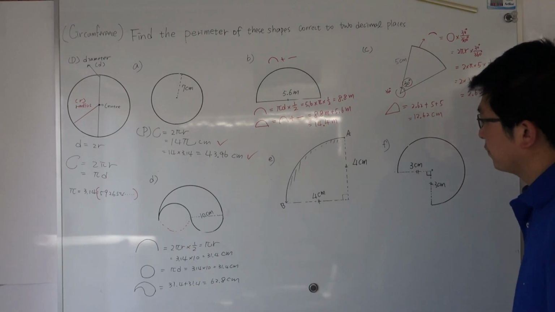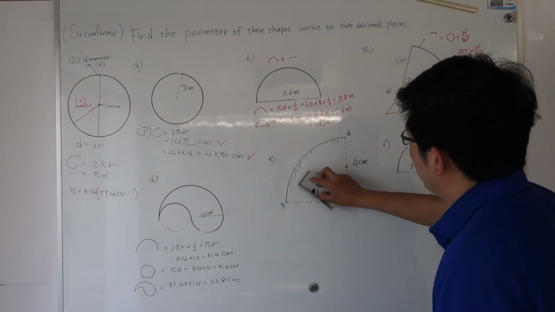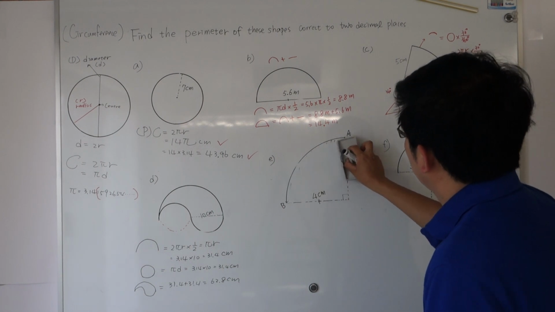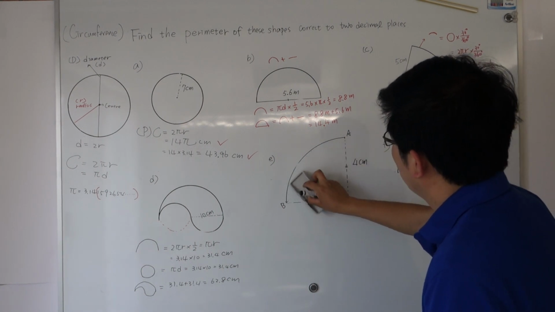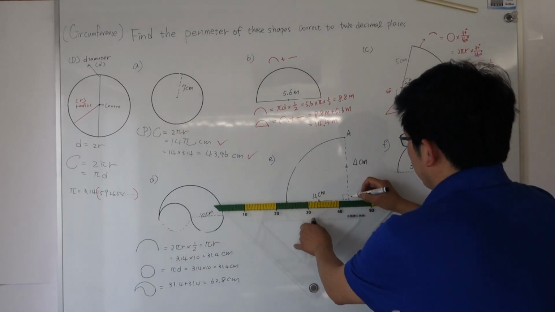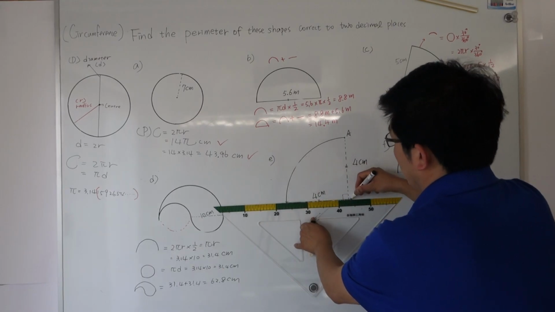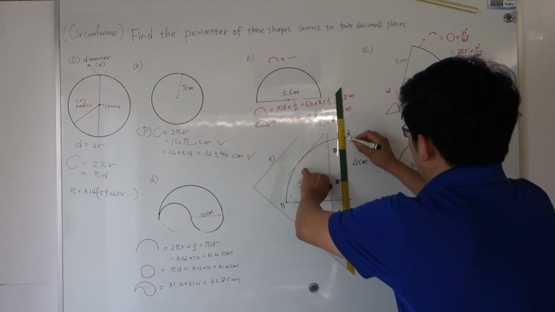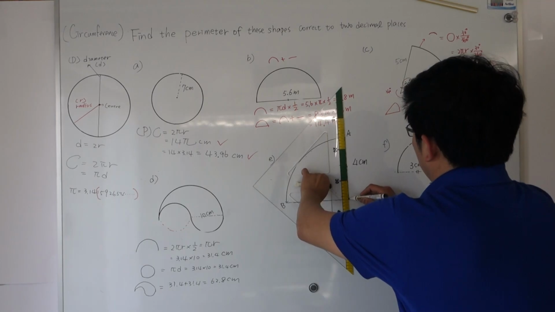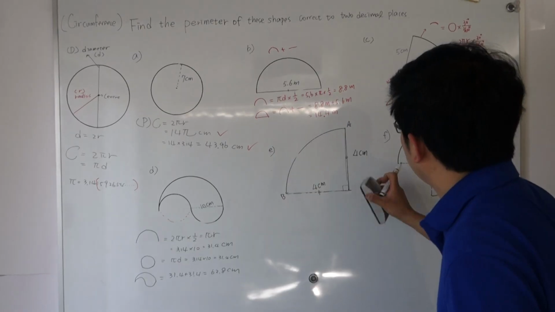Okay, E. Divide here, triangle. This is a real line because I need to calculate perimeter, right?